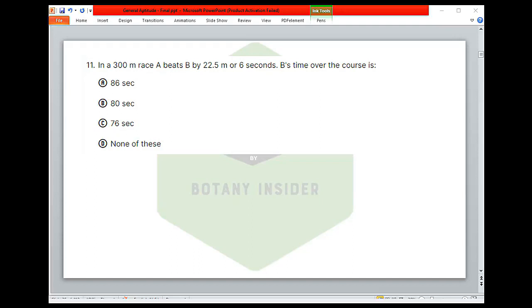Done, give this, then we'll solve it together. In a 300-meter race, A beats B by 22.5 meters or 6 seconds. During the time when A has crossed B by 22.5 meters, how much time has B taken? This is what you have to find out.